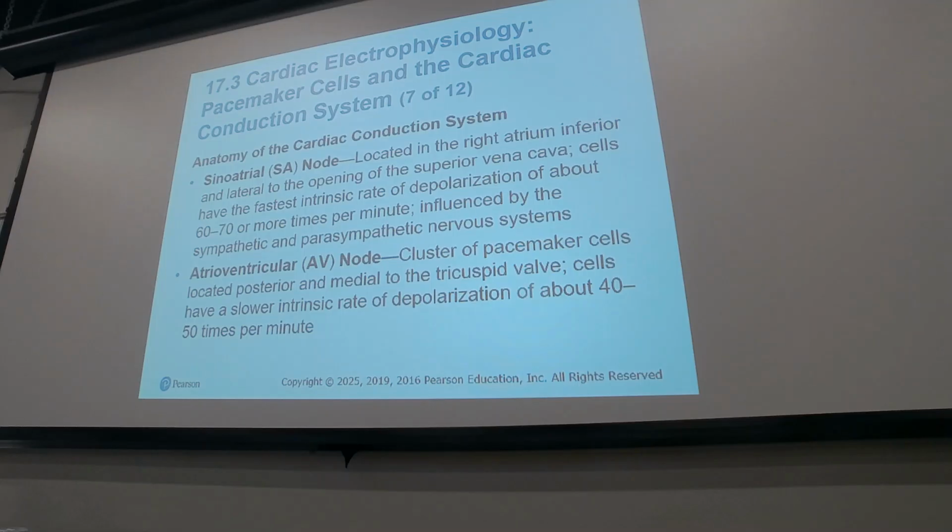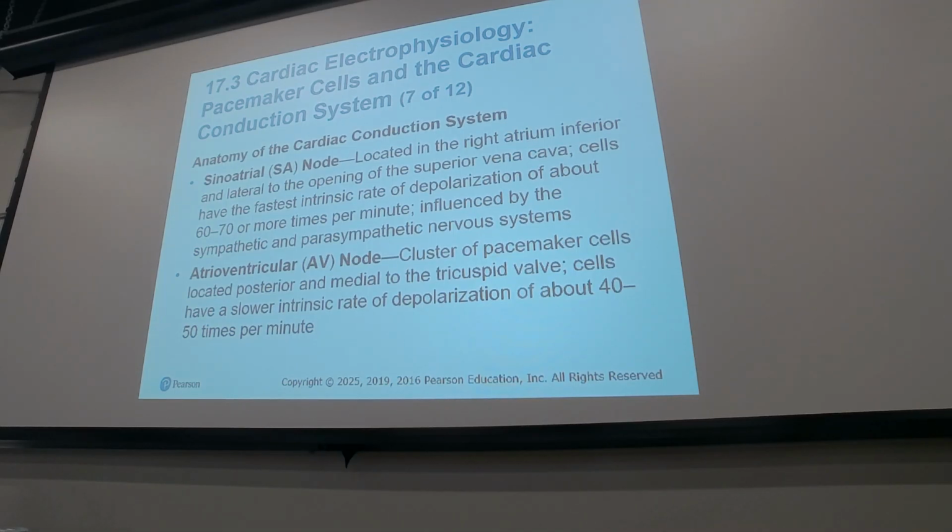SA node basically, guys, depolarizes so fast that if we didn't have the action of the vagus nerve, which is part of the parasympathetic cranial nerve number 10, we would have a heart rate of 100 beats per minute. And that's tachycardia.